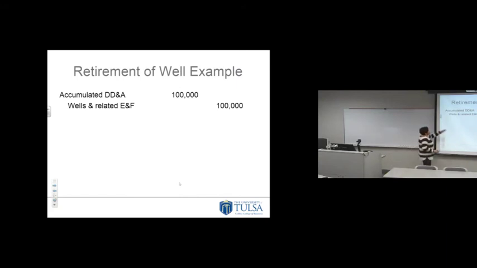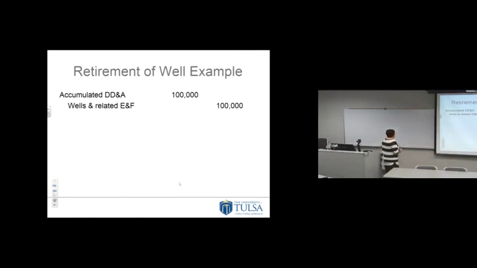Now that this well has been fully used up, the well is going to come off of my balance sheet, but the accumulated DD&A that was put in for that well is also going to come off of my balance sheet. So this is decreasing an asset, and this is decreasing a contra asset. So I'm decreasing an asset and decreasing a contra asset by the same amount.